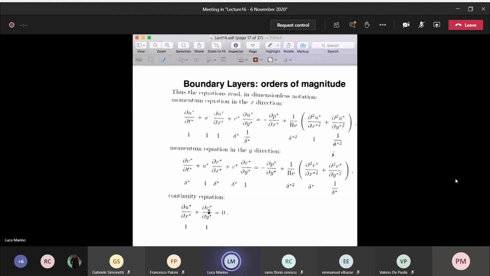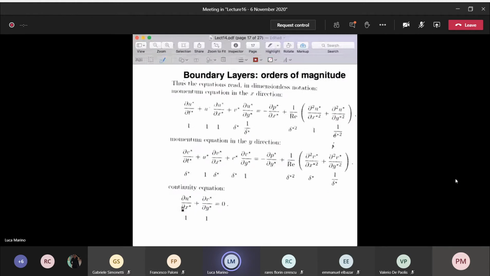And so the two terms of the continuity equation would be very different. In particular, for delta very small, you would neglect this part, which is not correct, because we are saying that the changes along X are slow, but are not equal to 0.